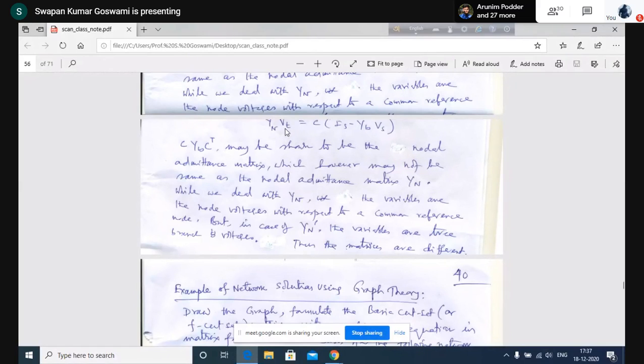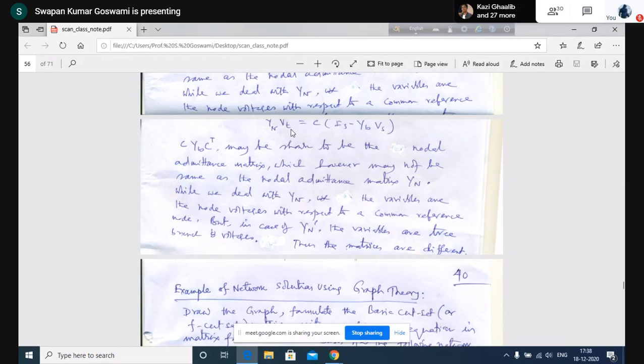You can very easily write and solve this equation, because Yn, the cut set matrix, you know, and the branch to branch admittance matrix, so Yn will be known. Then you can calculate Vt by taking the inverse of Yn and multiplying with this. Here C is known, Is is the source current vector, which is also known, Yb the branch to branch admittance matrix is known, and Vs is also known. When you solve this equation, you will obtain the tree branch voltages, meaning the voltages across the elements of the network tree.